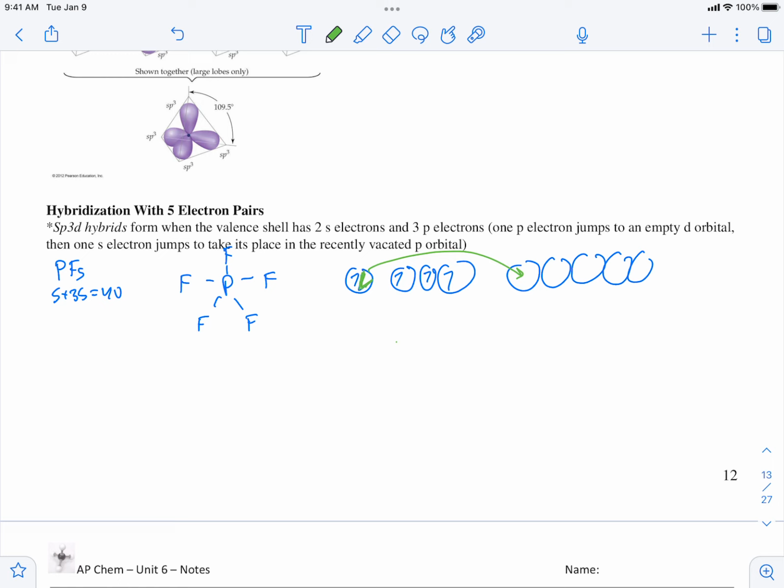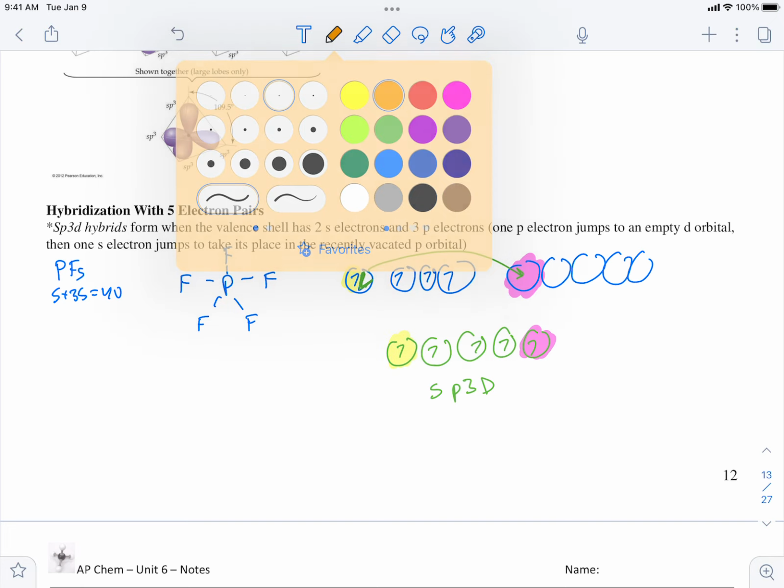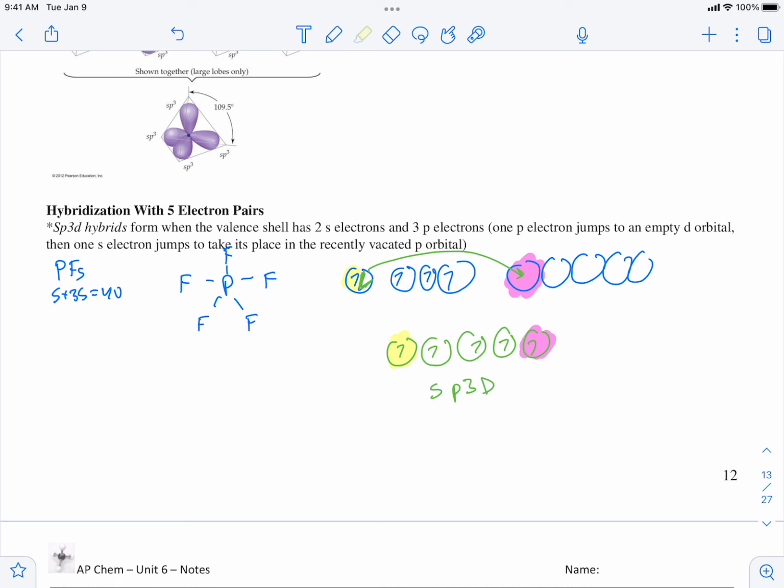And so the result is what we call sp3d, because there was 1 from S, 3 from P, and 1 from D. Five half-filled orbitals, 5 bonds.